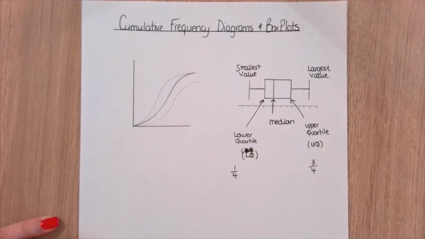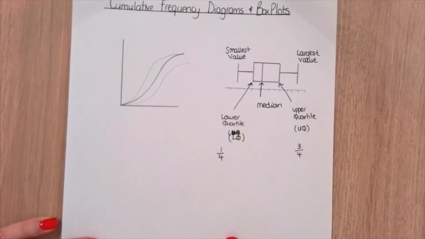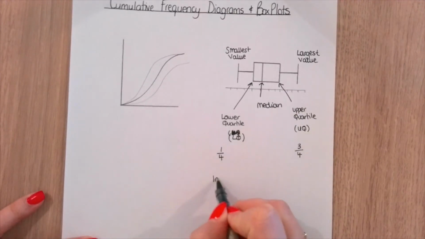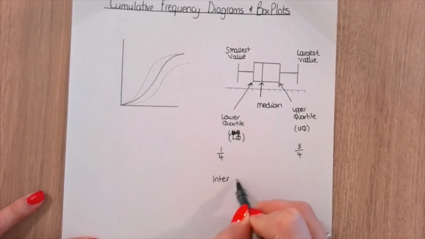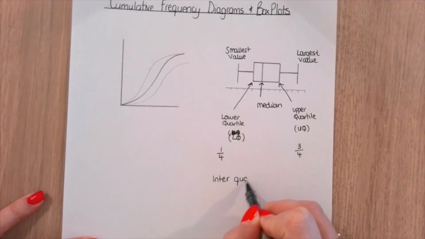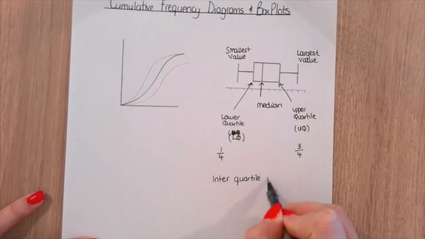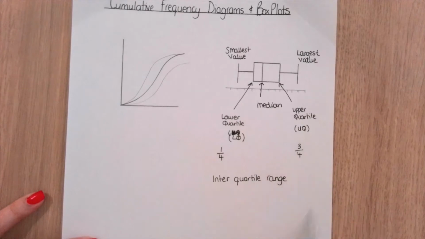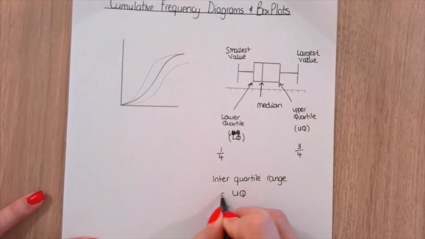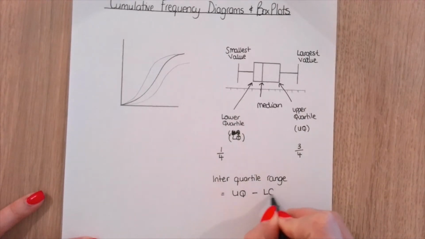Now, there's something else that I need to tell you about here, and that is the interquartile range. Let me just write that down for you. The interquartile range is calculated by doing the upper quartile minus the lower quartile.